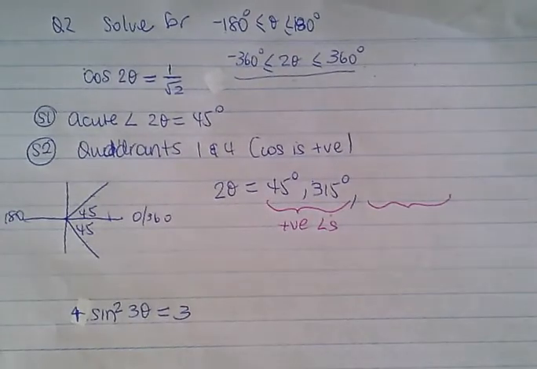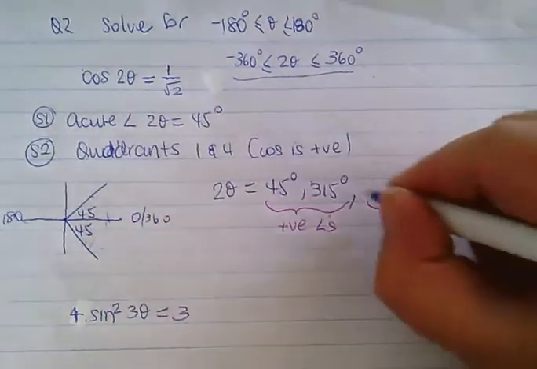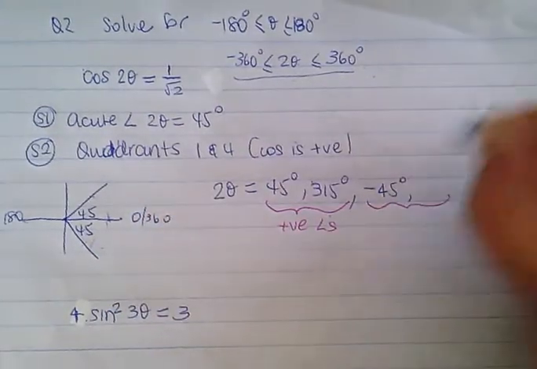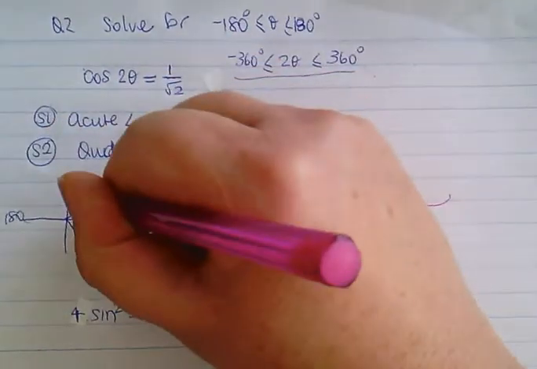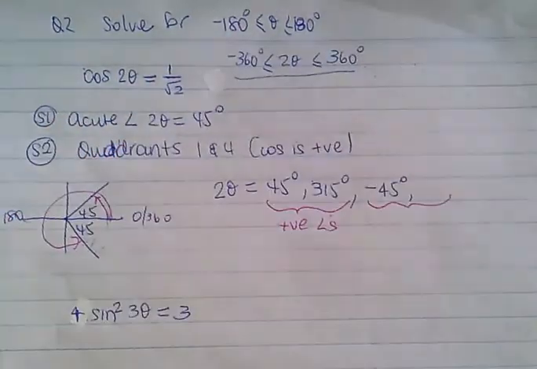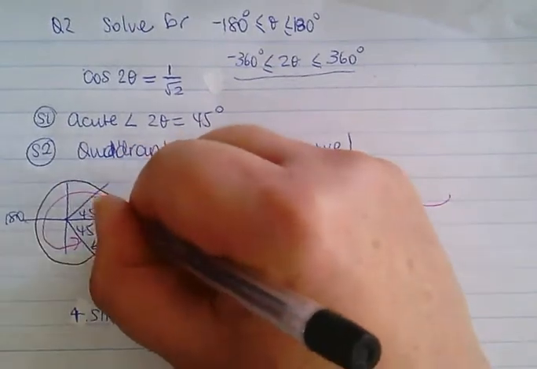So same two answers, but negative. What have I got? Negative 45. And so I went this way first. But now I have to go the other way. So now I have to go this way. Negative 45 and there.